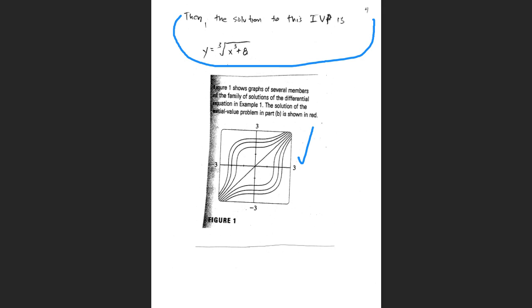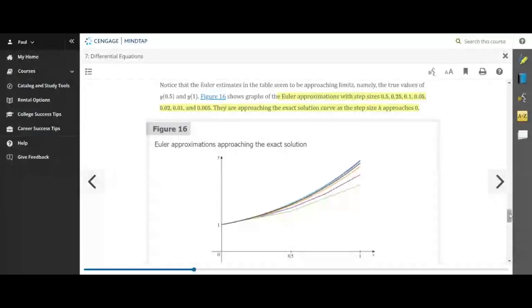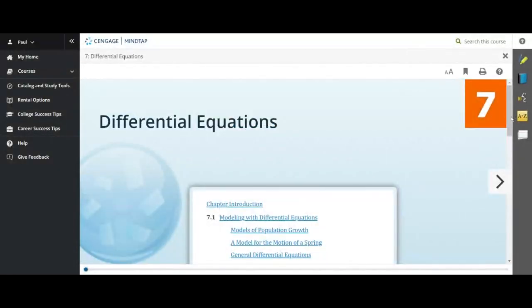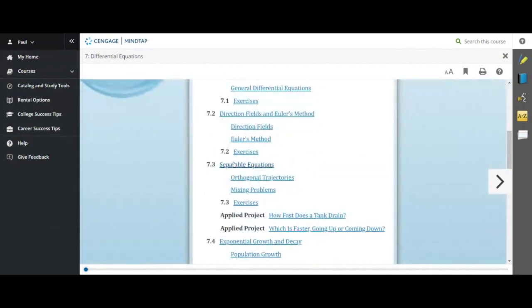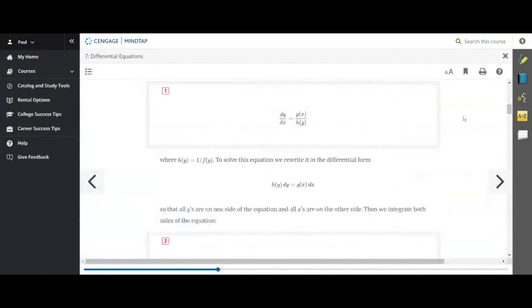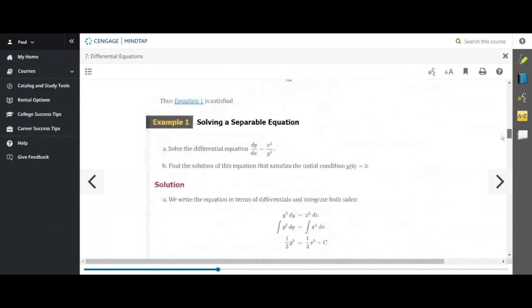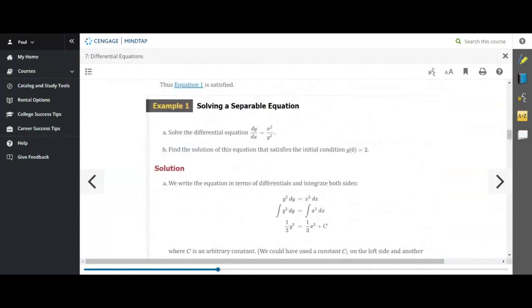One moment. Let me find it here. Sorry, class. Have to get to 7.3. Yeah, this is it. 7.3.